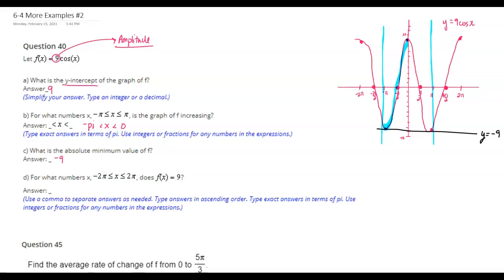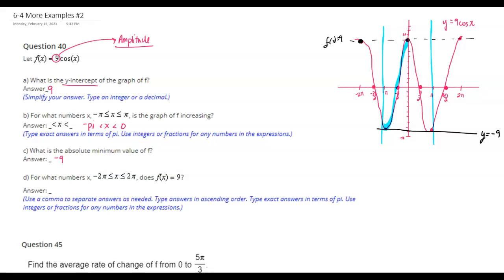All right. Now, for the last part, it says, for what numbers between negative 2 pi and 2 pi, which we have graphed over here to the right, does f of x equal 9? So I'm going to go up and I'm like, okay, well, here's 9. And I want to know all the places that f of x equals 9, which is that dotted line I just graphed, touches my graph.